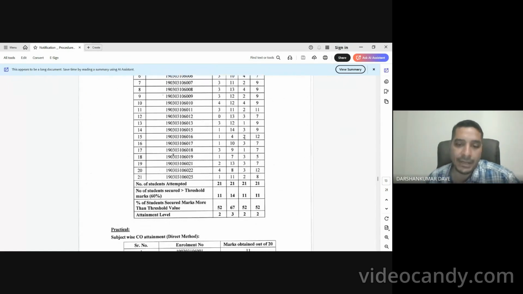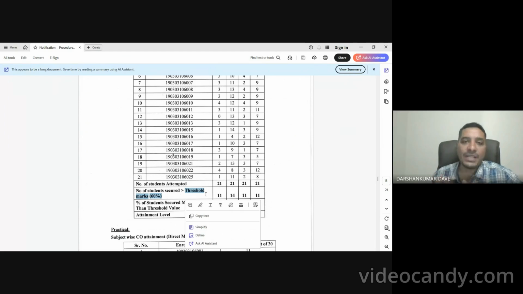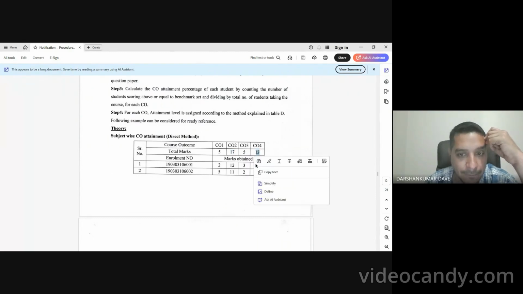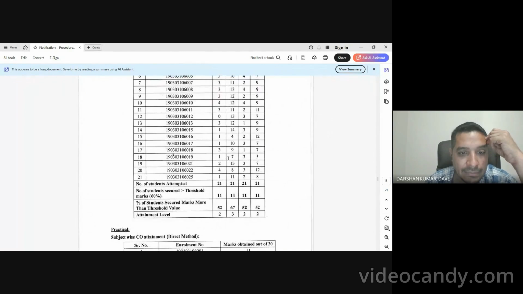Now, the formula is applied. The threshold value is 60%. So they are checking how many students have obtained more than 60%. That means 60% of what? 60% of 5, 60% of 17, 60% of 5, and 60% of 13.